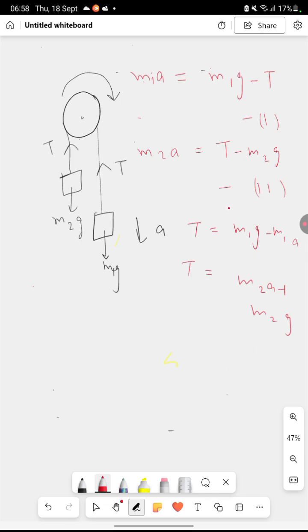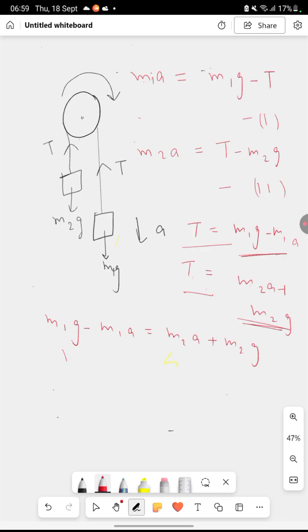So from these two equations, tension is the same in both. Since both are equal to tension, we can say this quantity is equal to this quantity. So from here we can write M1G minus M1A equal to M2A plus M2G. So from here we can find acceleration.